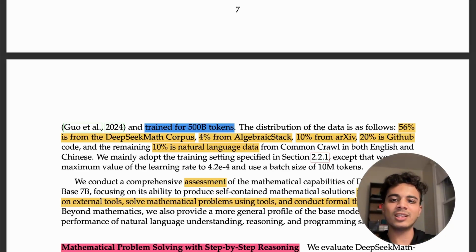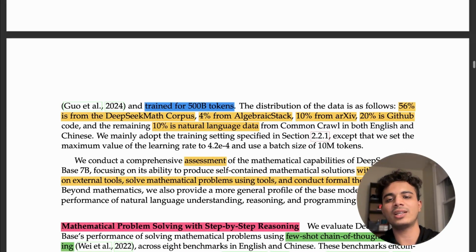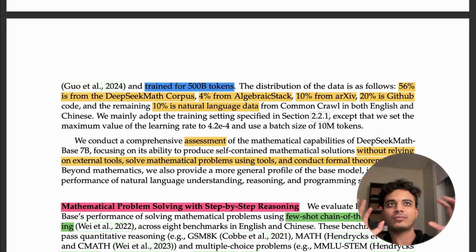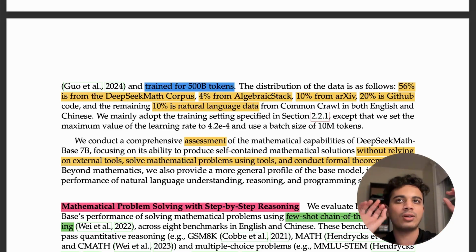But at the same time, they're also using AlgebraicStack, arXiv, GitHub code, and 10% natural language data, which is astonishing. And if you think about it, probably while reasoning, something like: if I've got 5 apples, if I give two of them to someone else, if I throw one of them in the trash, how many do I have?